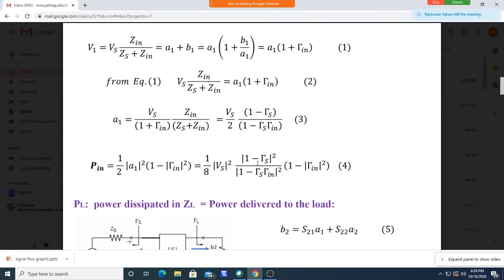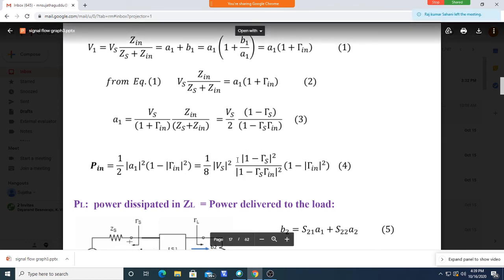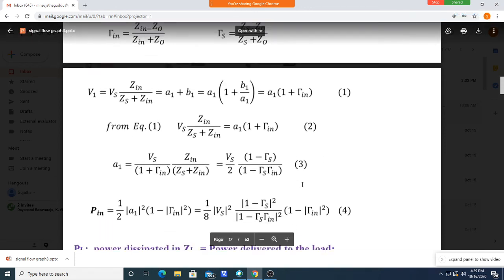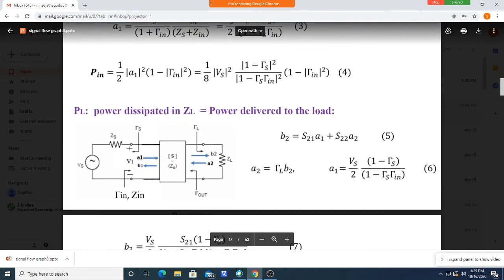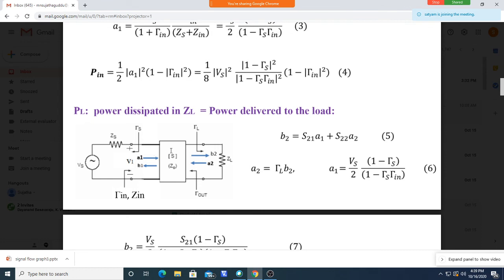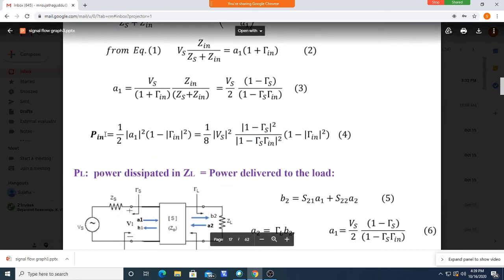Then you will get the input power PIN, the actual input power to the network. What is inputting here is the actual power to the network. That is the power actually converted into output. So this is PIN, actually delivered to the network.